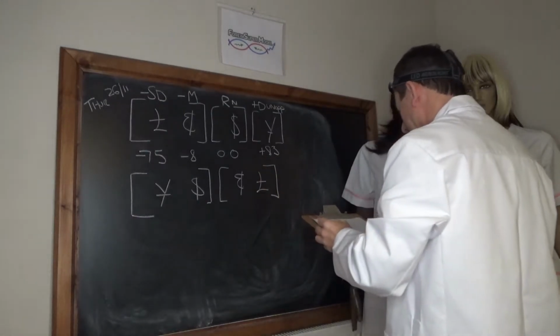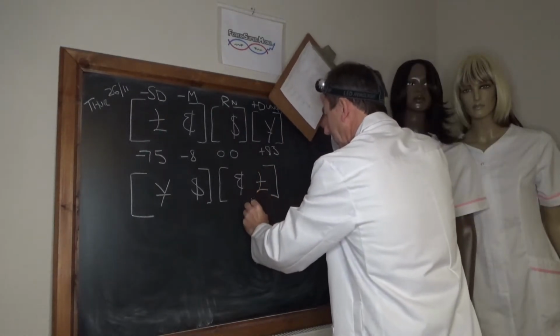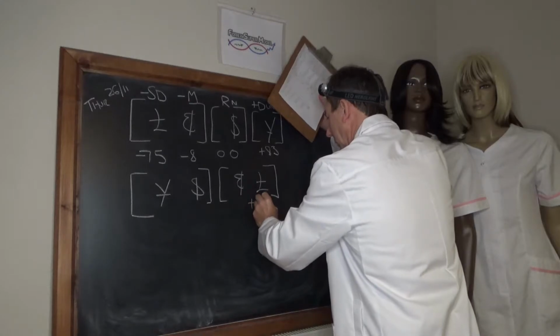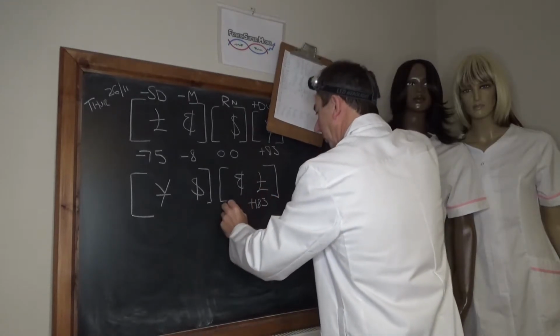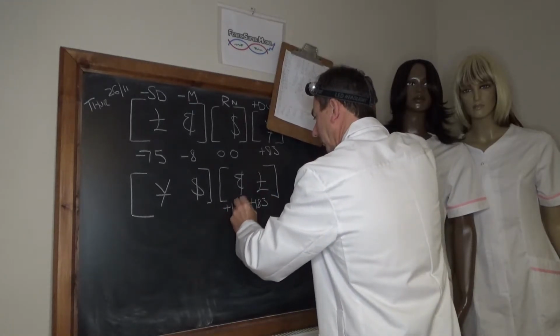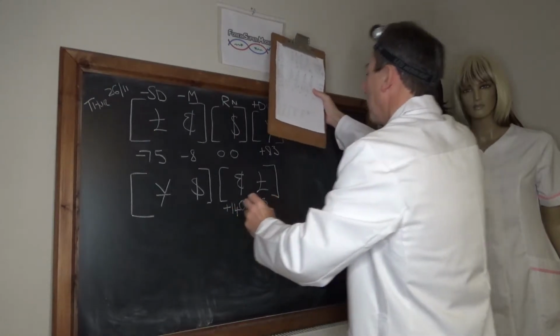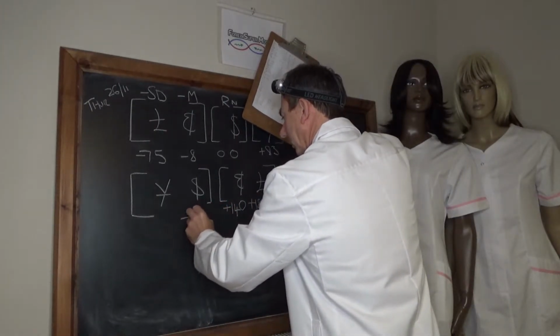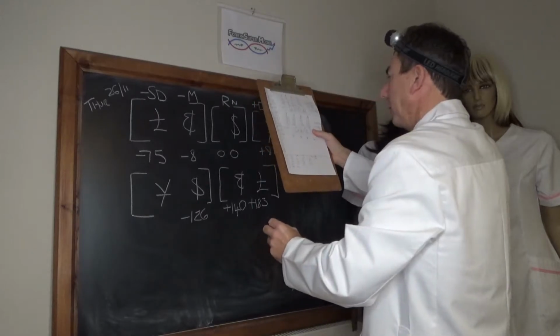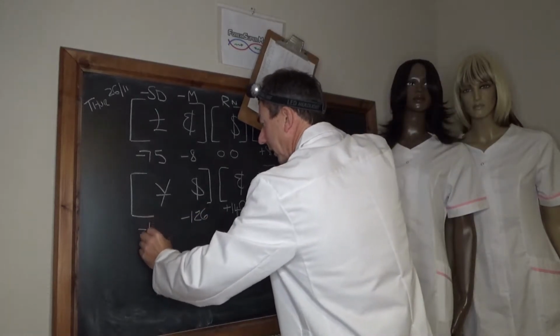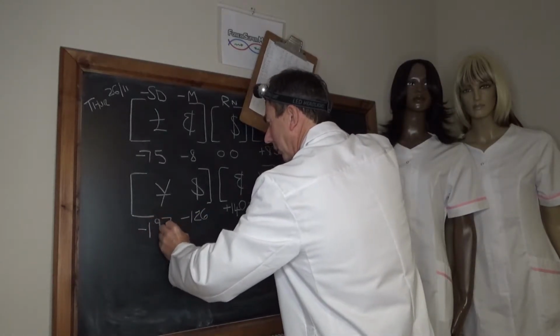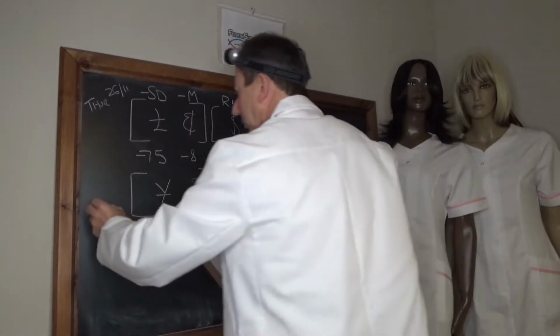If we put the figures in, we've got plus 183 on the pound, plus 140 on the euro, minus 126 on the dollar, and minus 197 on the yen.